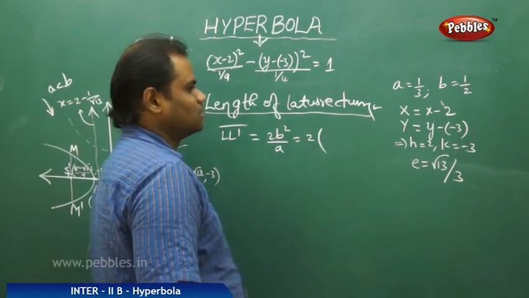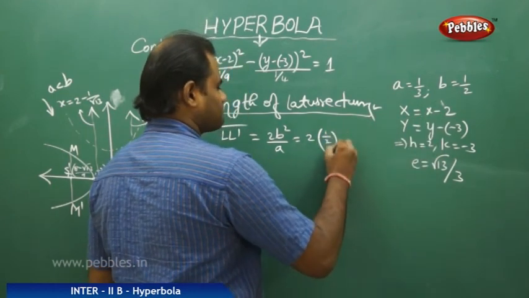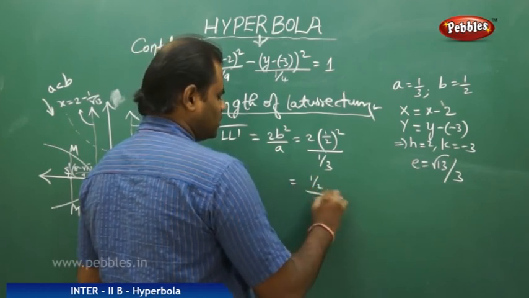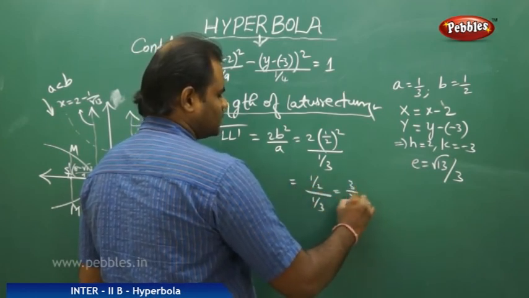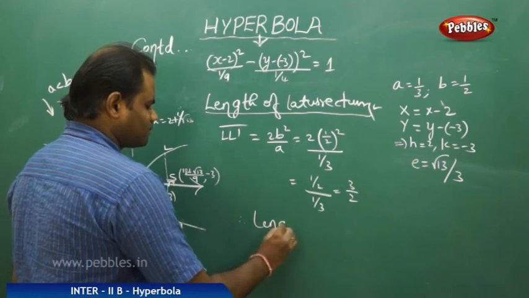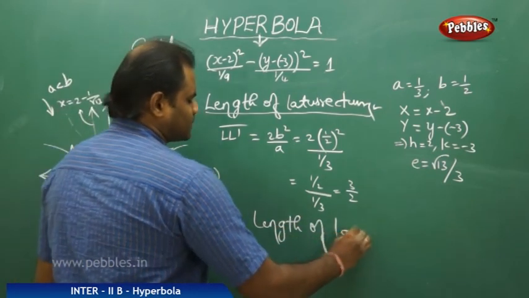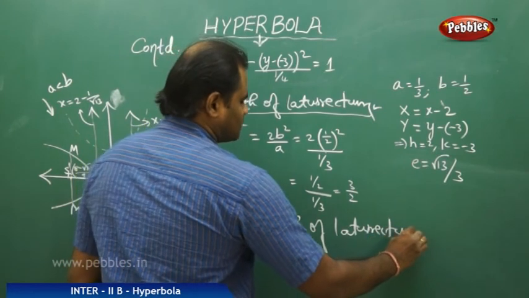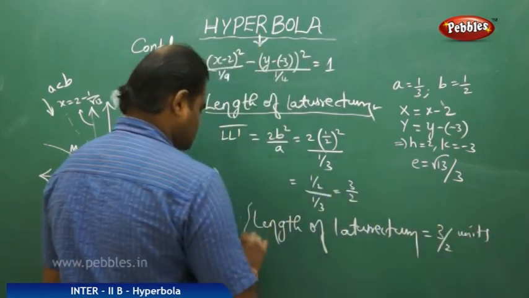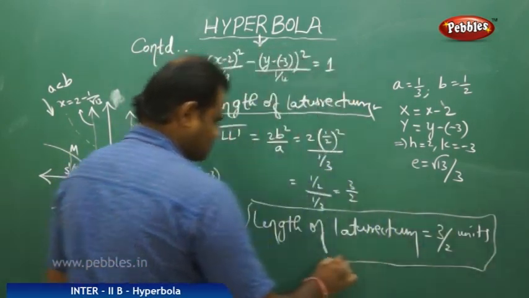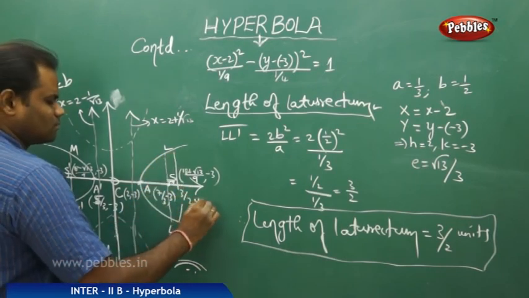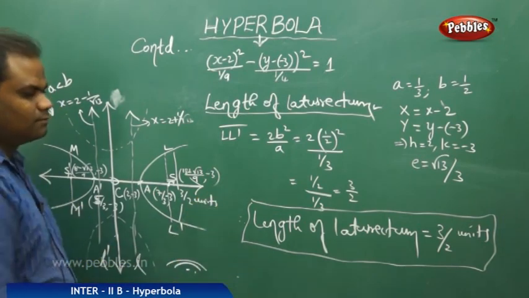That is 2 times b square by a, which gives 3 by 2 units. Therefore, the length of latus rectum is 3 by 2 units, that is, this distance is 3 by 2 units as we see here.